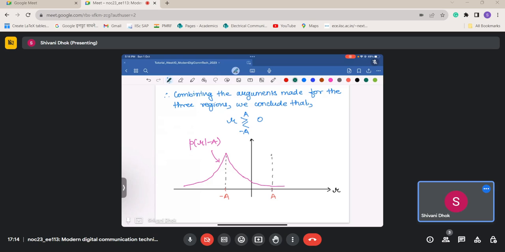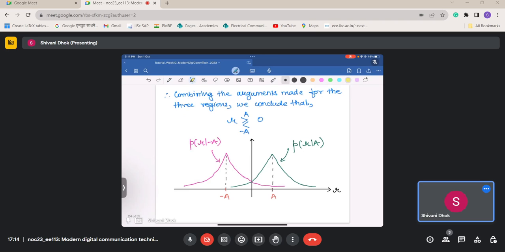Similarly, this is the PDF of r given A being transmitted. So this is what we are having.